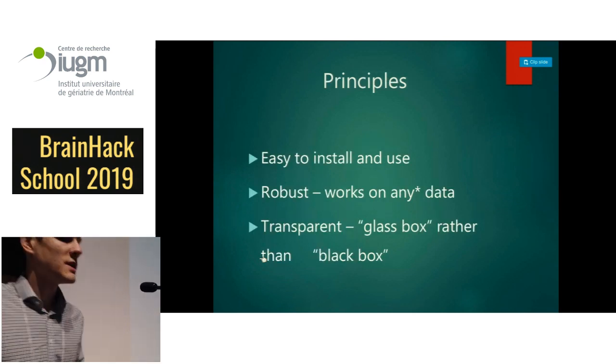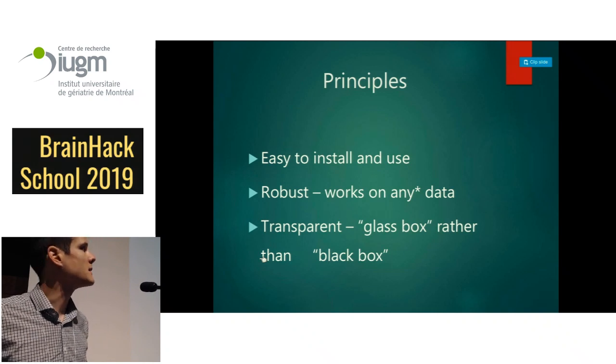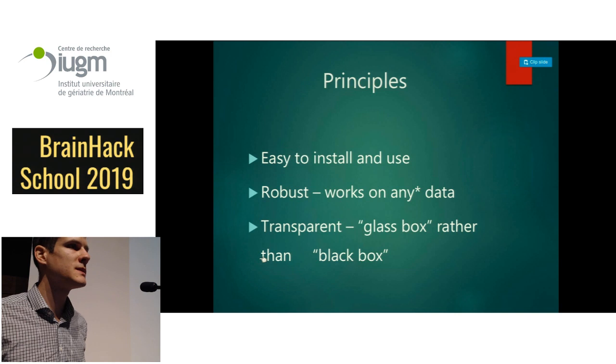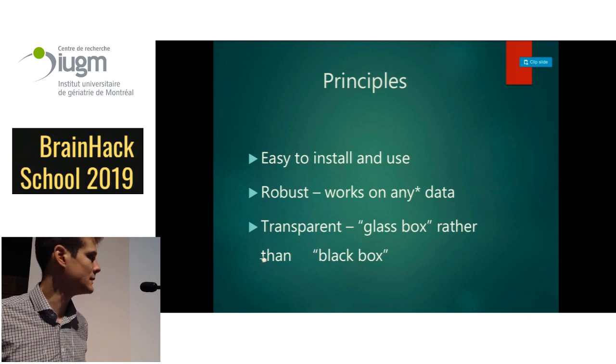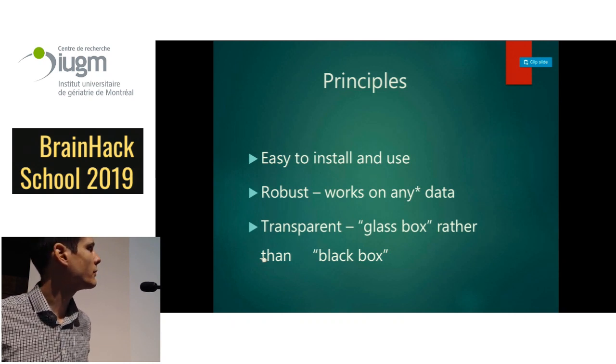The principle was to have a pipeline that is easy to install, that is robust, and that works on any data. Some steps, notably registration, can fail really badly, and sometimes you have brains that are not well aligned, so you want something that works perfectly in 99.9% of cases. It's also what they call a transparent glass box rather than a black box.